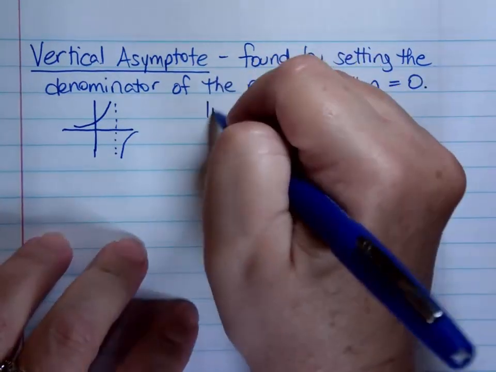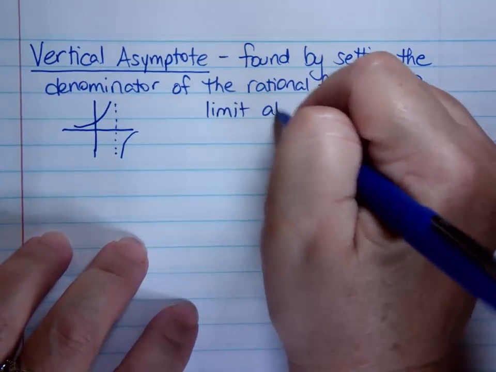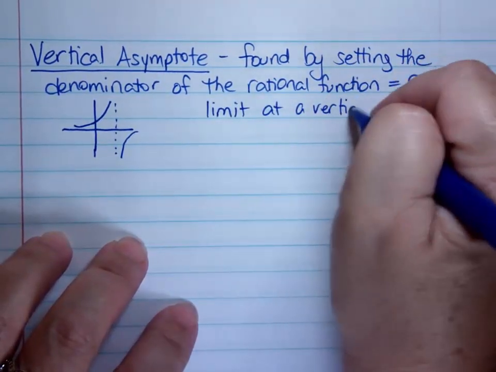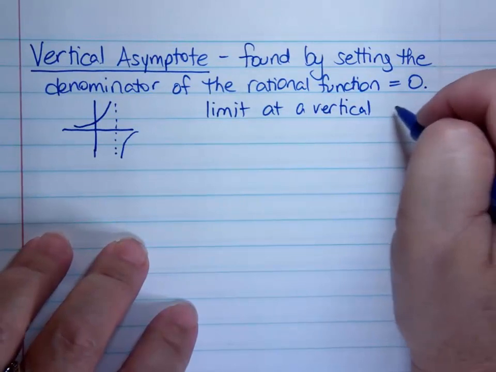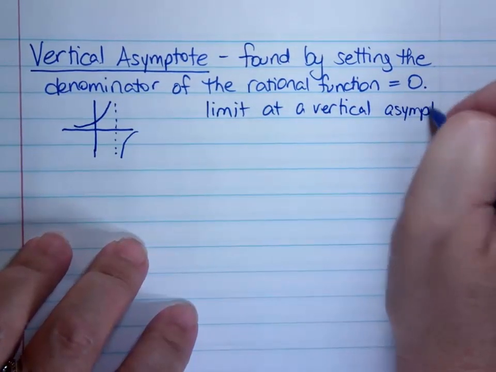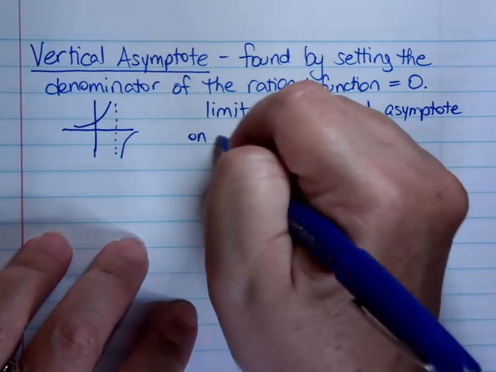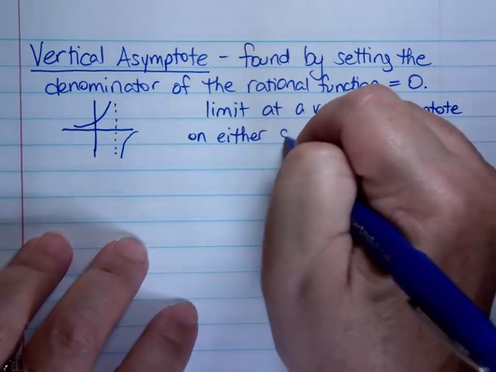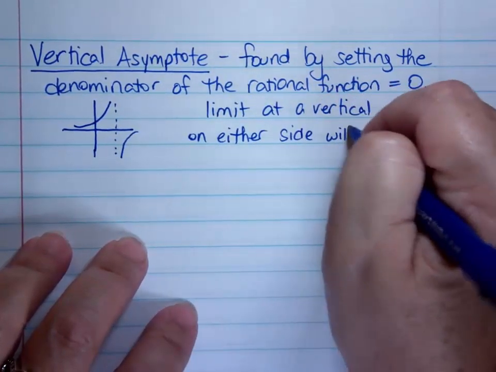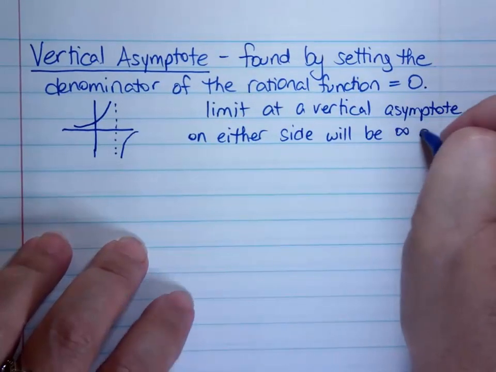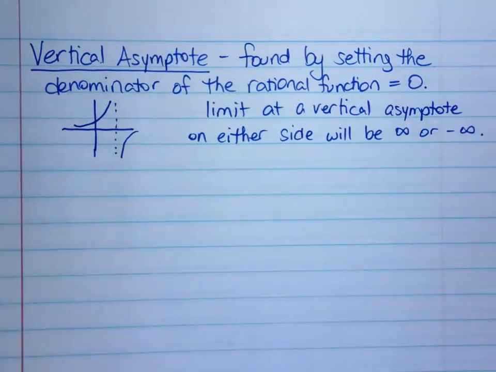So the limit at a vertical asymptote on either side will be positive infinity or negative infinity. So that's what's nice about these problems. There's only two possible answers. It's either positive infinity or negative infinity. Okay?